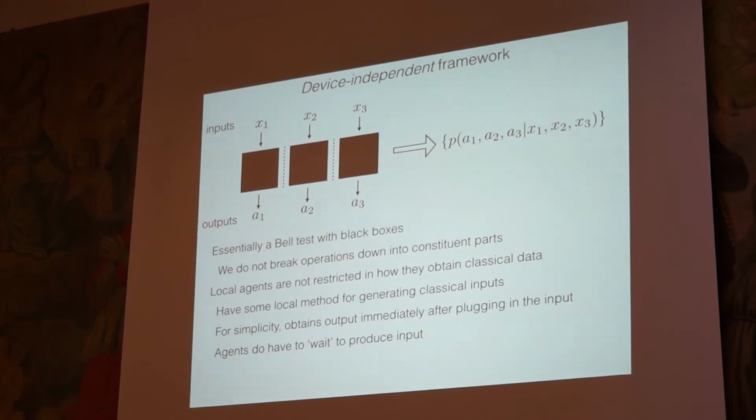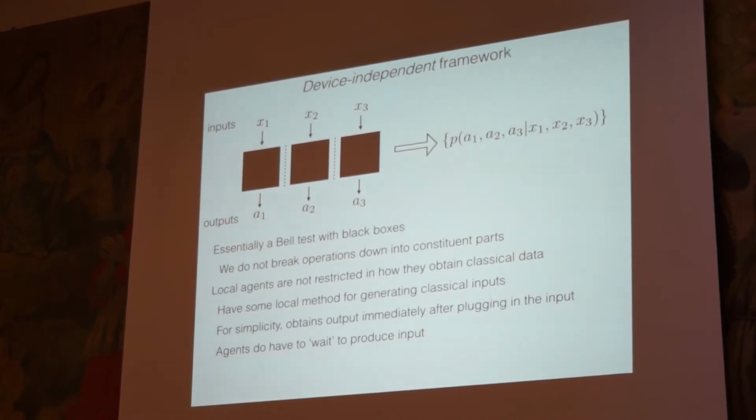And the local agents are not really restricted in how they obtain the classical data. They have some local method for generating classical inputs that they plug into the box, and then for simplicity we just say that they obtain an output immediately from these boxes after plugging in the input. So this is just a simplicity assumption.